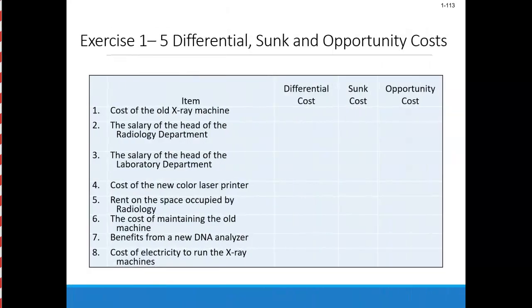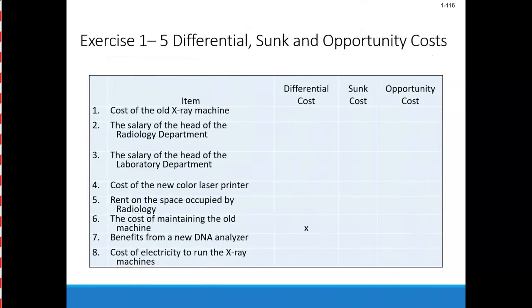Is none of them. The salary of the head of the lab department is nothing. The cost of the new laser printer is a differential cost. We would add that cost in one option over another.